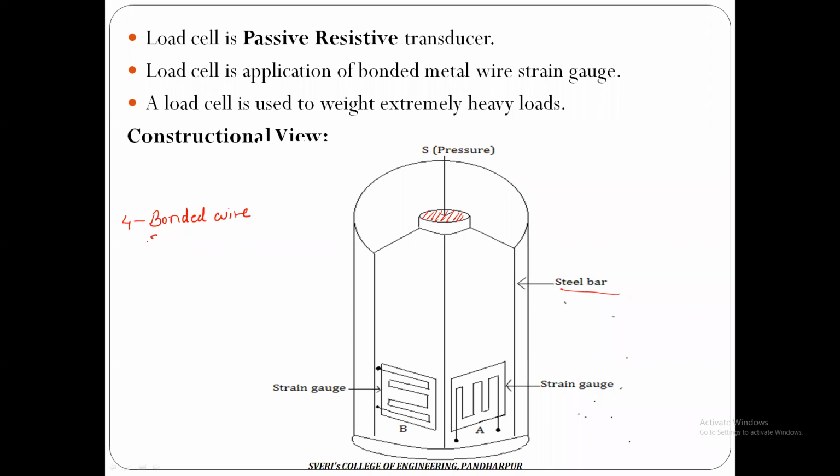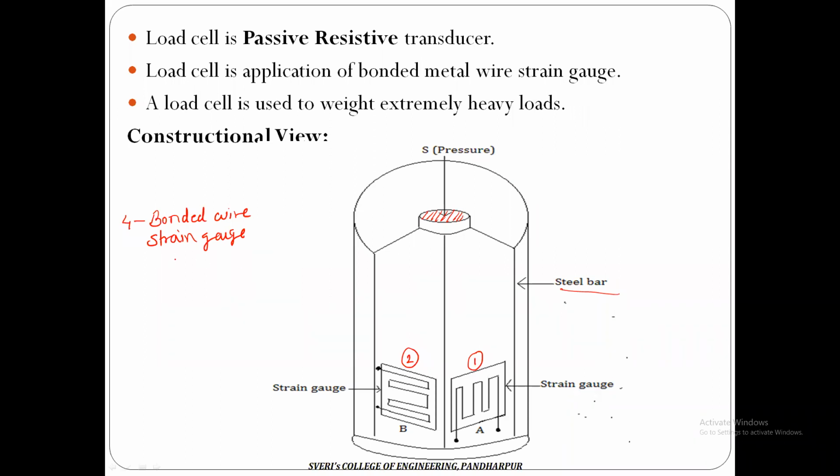Now if you observe the diagram from the front side, you can see 1 and 2 bonded wire strain gauges, but behind that, because it's a cut sectional view, another 2 bonded wire strain gauges are always present. It means that a total of 4 bonded wire strain gauges are mounted on the steel bar, and the top of the steel bar is provided to the diaphragm on which you can apply the pressure.